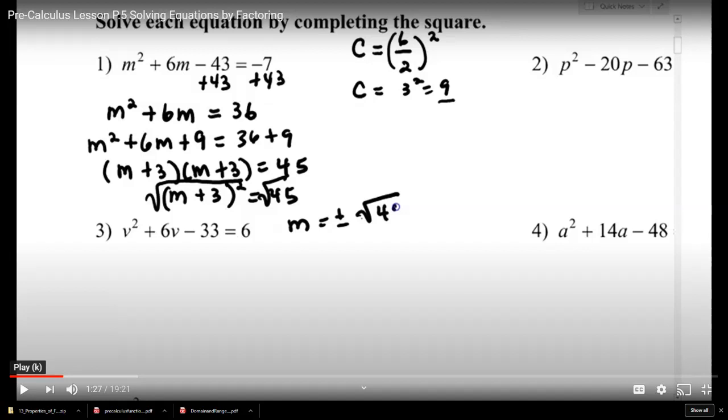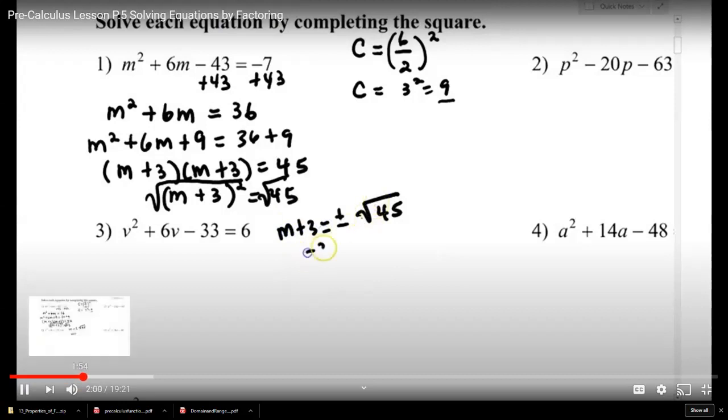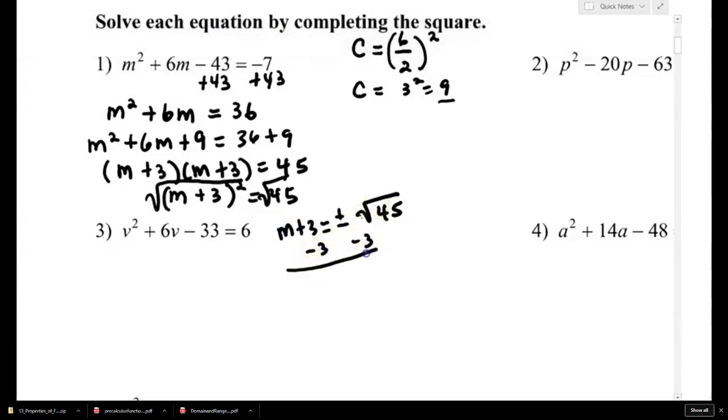I forgot to subtract 3. So this is m plus 3 is equal to square root of 45. You subtract 3 from both sides.